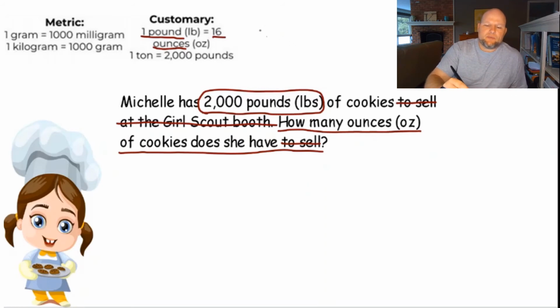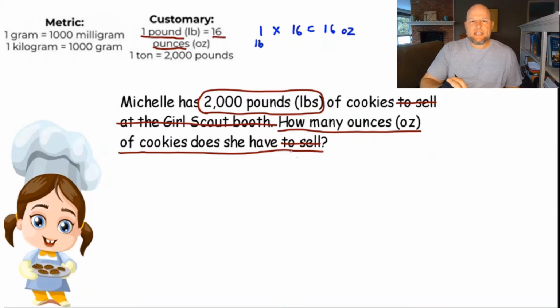That's the same as writing 1 times 16. 1 would be our pound, which is represented by LB. If there's more than 1, it'll be LBS. Times 16 equals how many ounces 1 pound is, which will be 16 ounces.